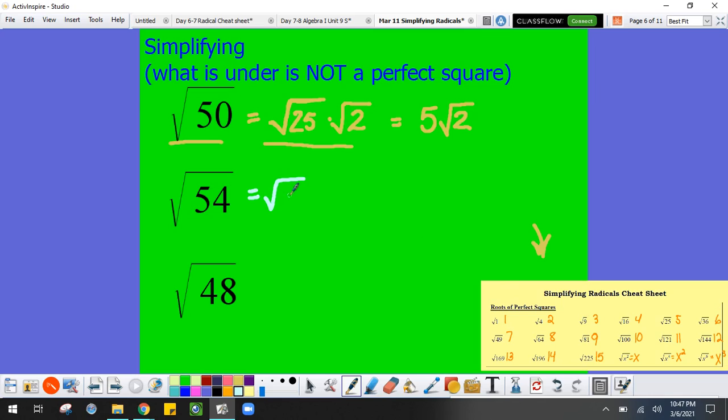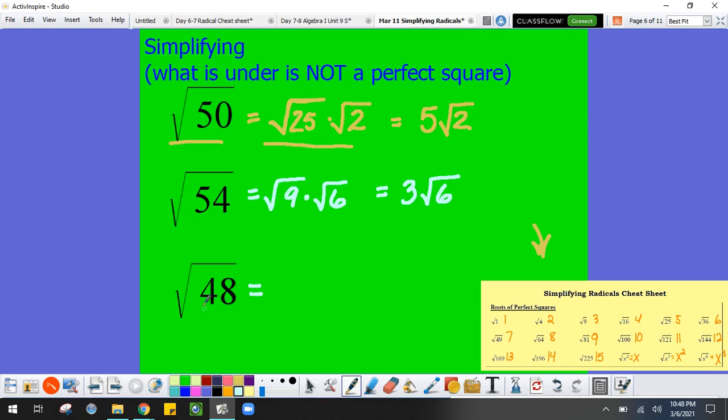So this is the square root of 9 times the square root of 6. I know the square root of 9 is 3. The square root of 6 I do not have over here. So 3 radical 6, or 3 times the square root of 6, is the simplified version of the square root of 54.